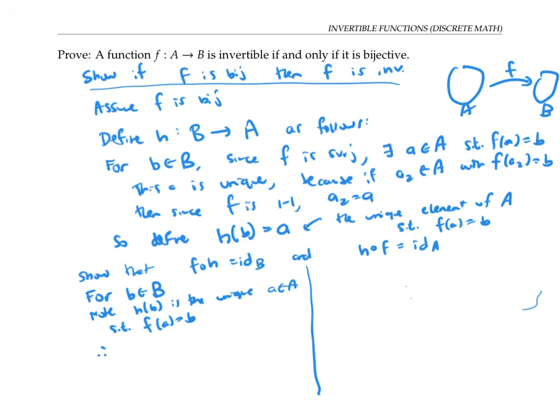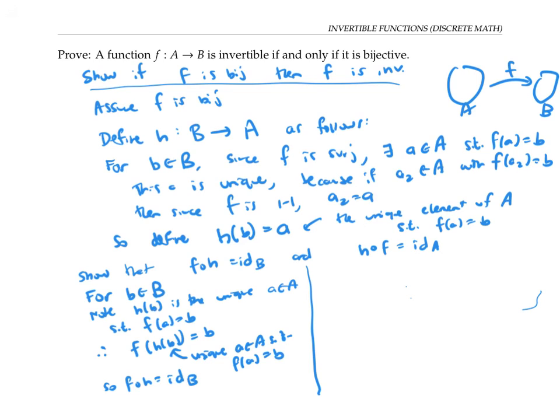And therefore, if I do f of h of b, I'm going to get b, right? This right here is the unique a in A such that f of a is little b, and when I take f to it, therefore I have to get b. So f composed with h is going to be the identity function.